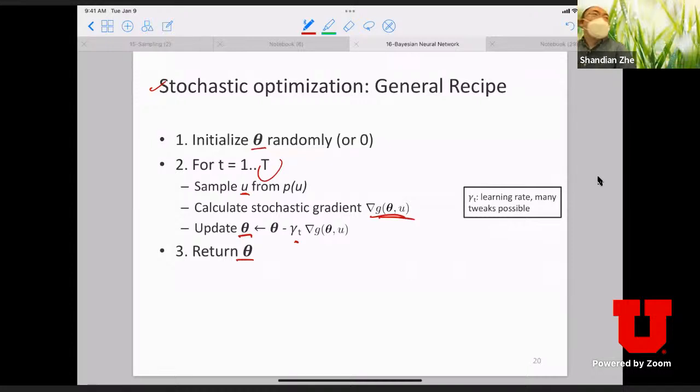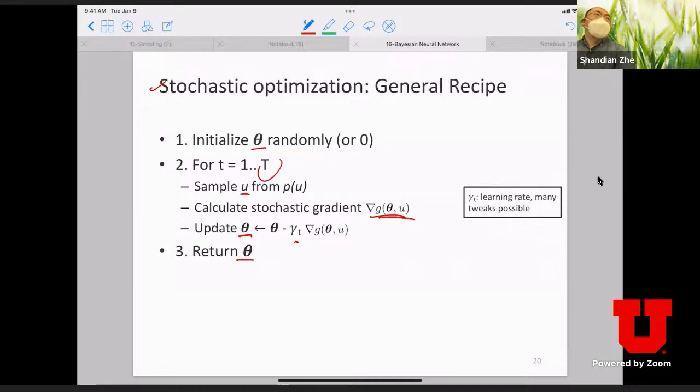Yeah, the gradient is a random variable. That's a very good question.